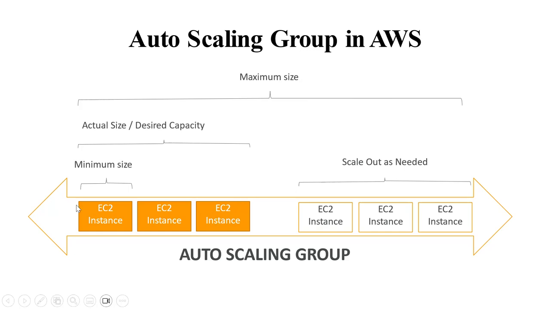Minimum is from the scale in policy point of view, and desired is how many you want to constantly manage. But on the basis of the defined policies, scale in policy and scale out policy, if CPU utilization is continuing at 70% for 5 minutes, then scale out the instance. If the CPU utilization on this group is continuing at 30% for 5 minutes, then decrease one instance.